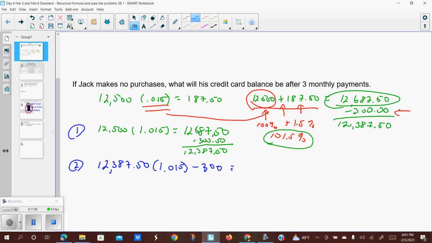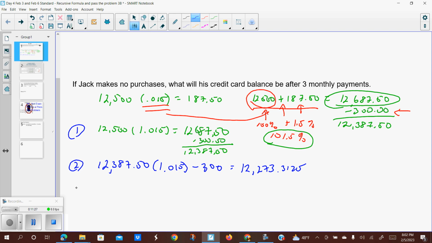So let's see what happens if you plug that in your calculator. And we should get $12,273.3125. If you rounded that after 2 decimal places because we're talking about money, that's perfectly fine. So that's after month number 2.